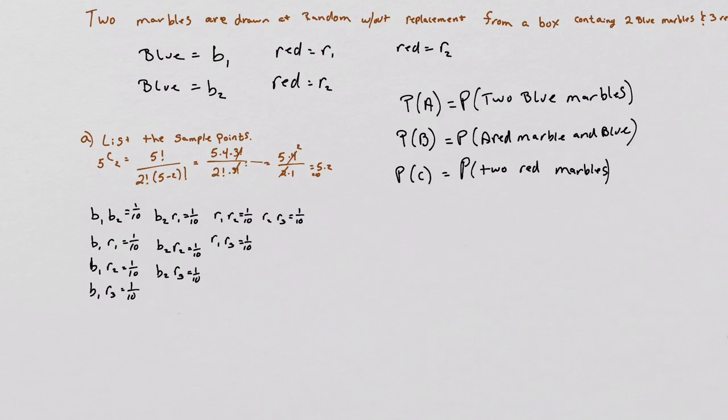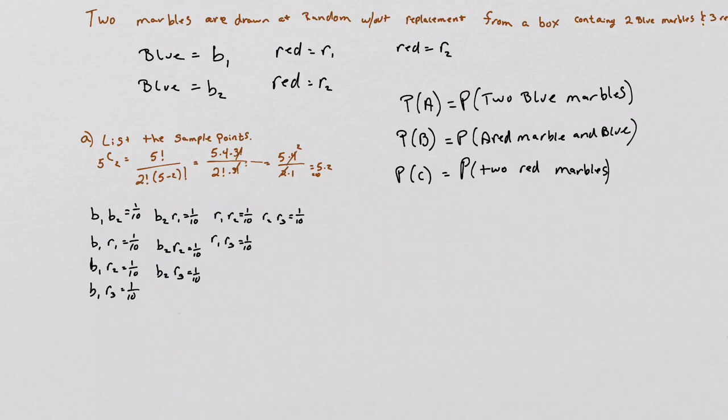All right, so letter C on this problem asks us to find the probability of A. My event A is that I get two blue marbles. The probability of event B, well, event B is a red marble and a blue marble, and event C is the two red marbles.